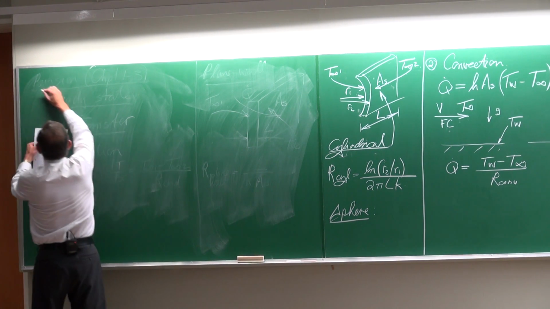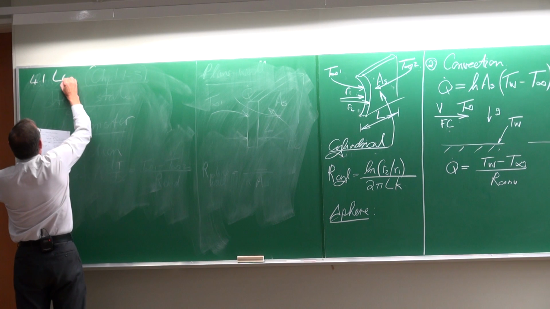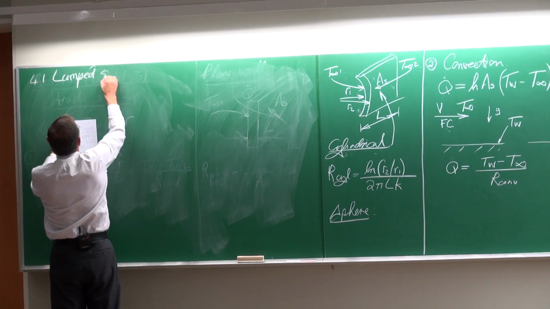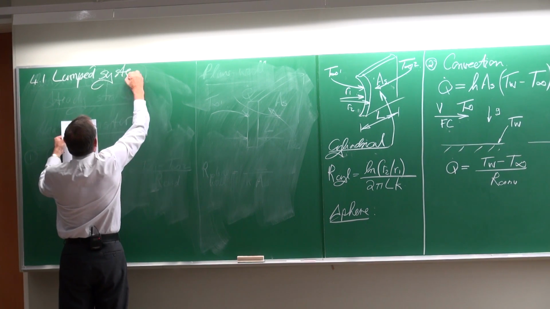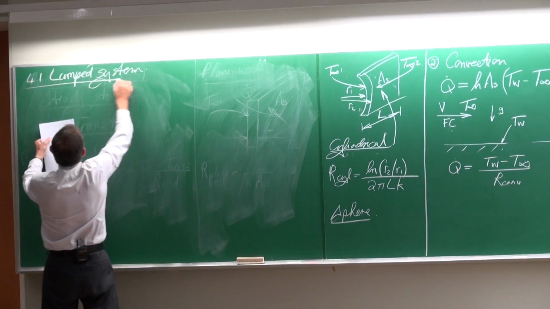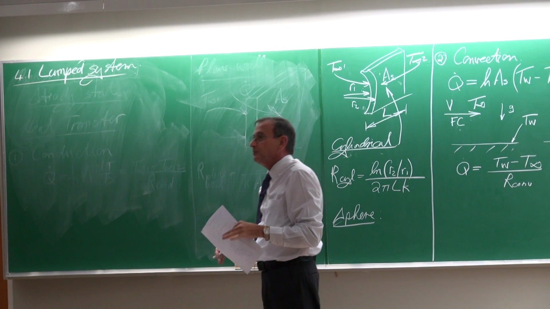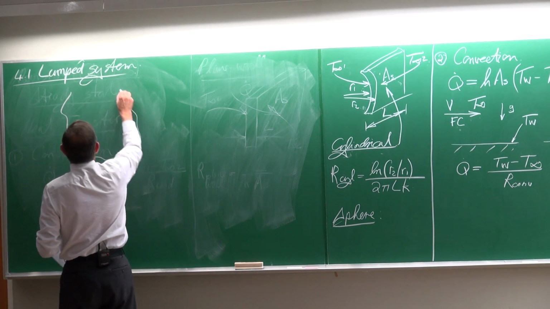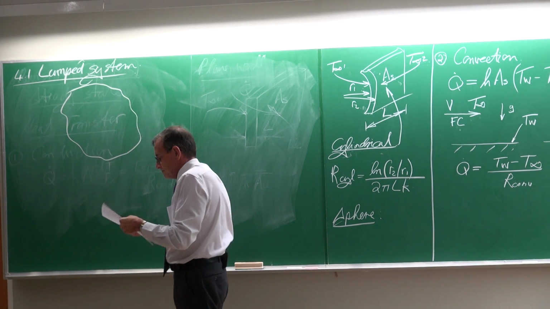Okay, and that brings us to paragraph 4.1, which is called the lumped system analysis. And for the lumped system analysis, we're going to have any type of body, an arbitrary body.